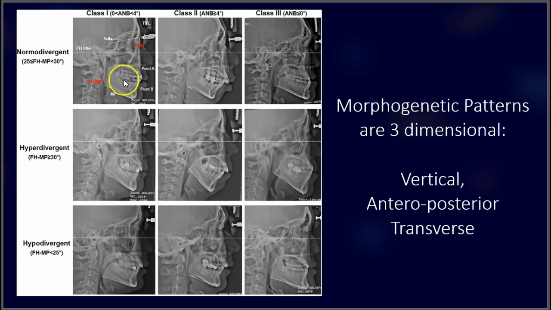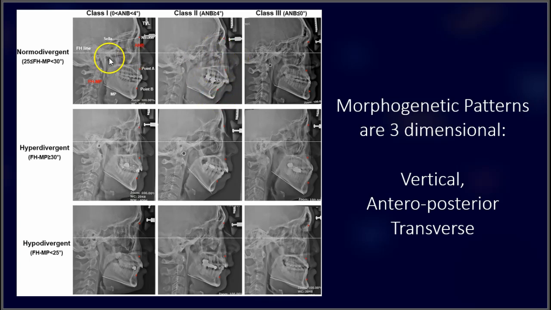This picture shows a class 1 on a normal divergence, so you have a mandibular plane angle, and the maxilla and mandible align fairly well in the antero-posterior. You can have a normal divergent class 2 that looks a little bit hyperdivergent because it's a small mandible, but the mandibular plane is still within the normal divergent range.